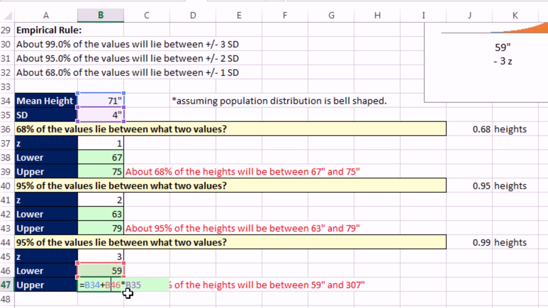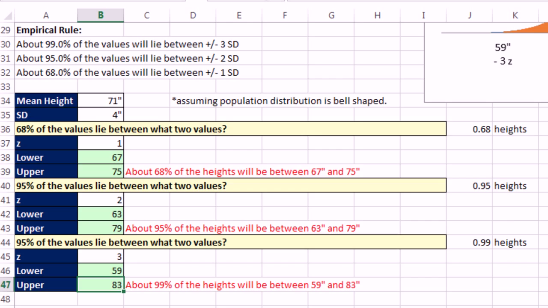I calculated that wrong, so I'm going to edit this. I meant to get 3 standard deviations times our 4 inches. Wow, it'd be amazing to find a 307-inch person, right? So almost all the time, we're going to meet people that fall into this range. But of course, we know that it is possible to be outside this range.